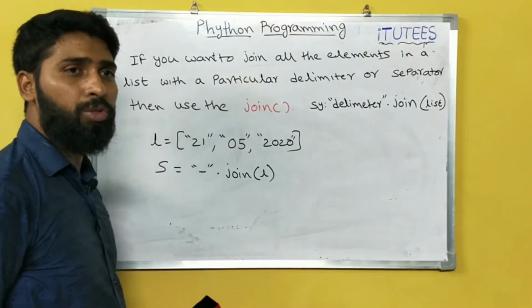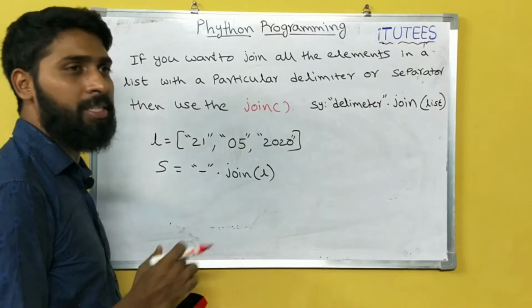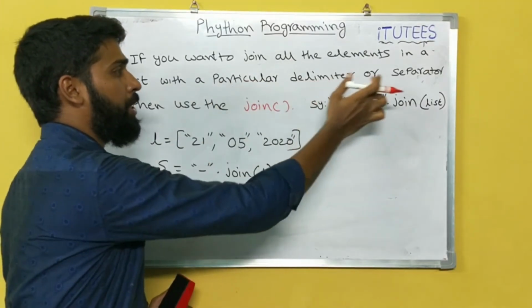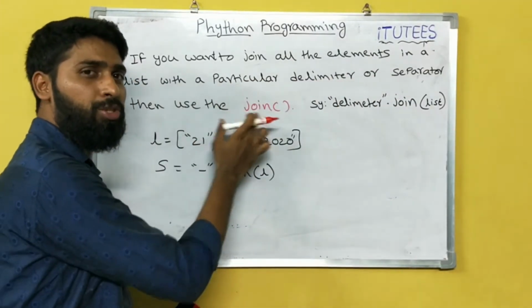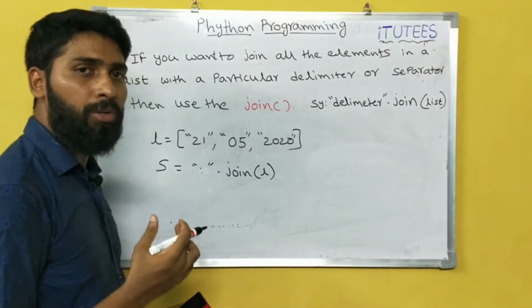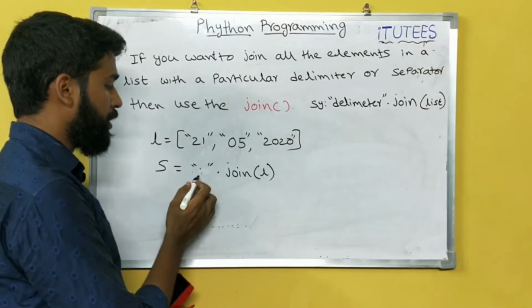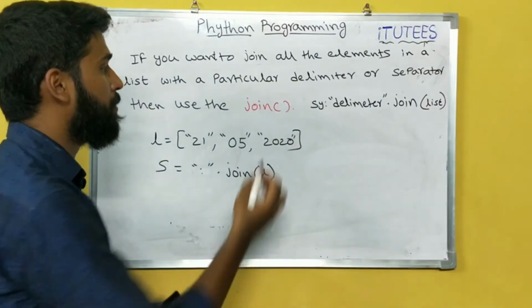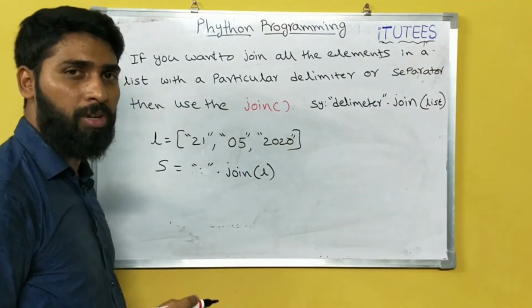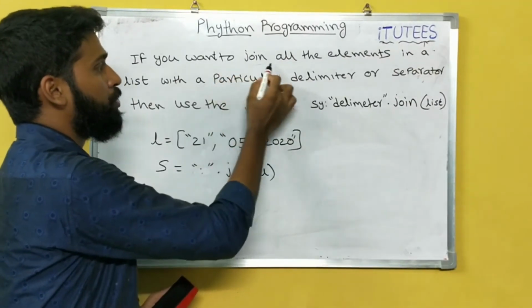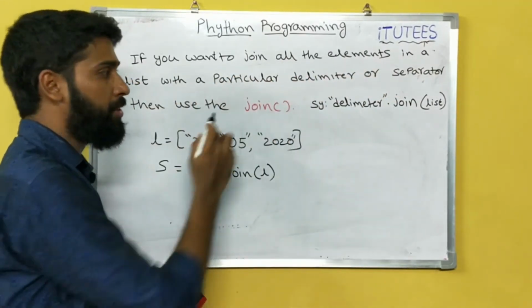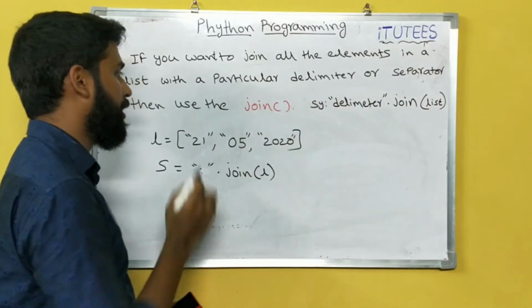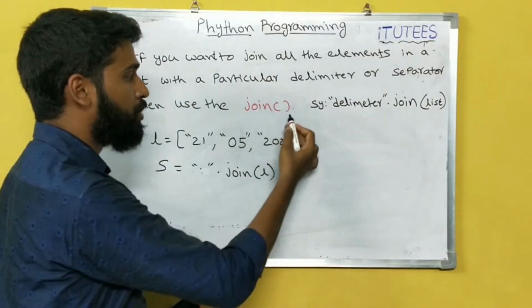So if you want to join all the elements in a list with a particular delimiter or separator, then use the join function. What is the purpose of the join function? If you want to join all the elements in a list with a particular delimiter or separator, then use the join function.